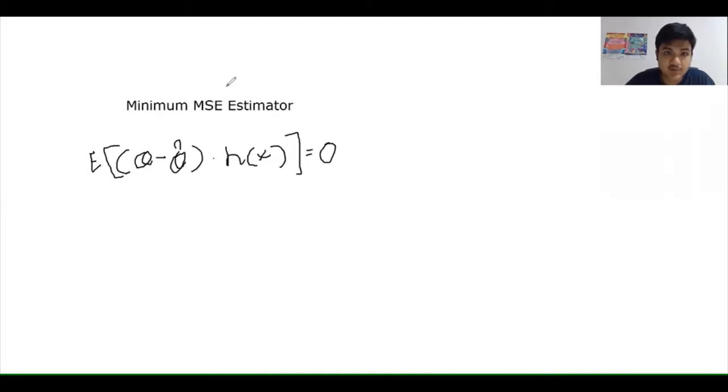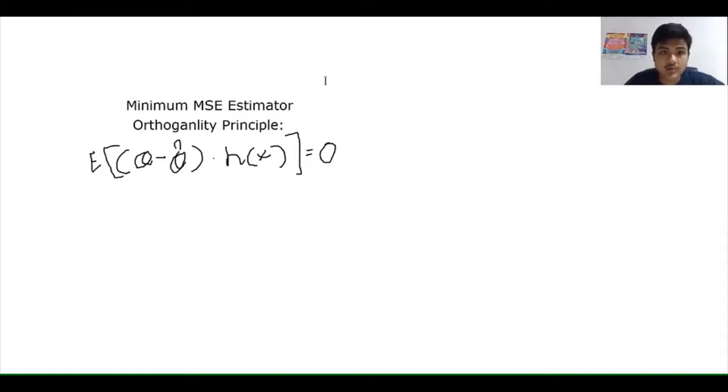We must prove that this method fulfills the orthogonality principle that I'm writing here.